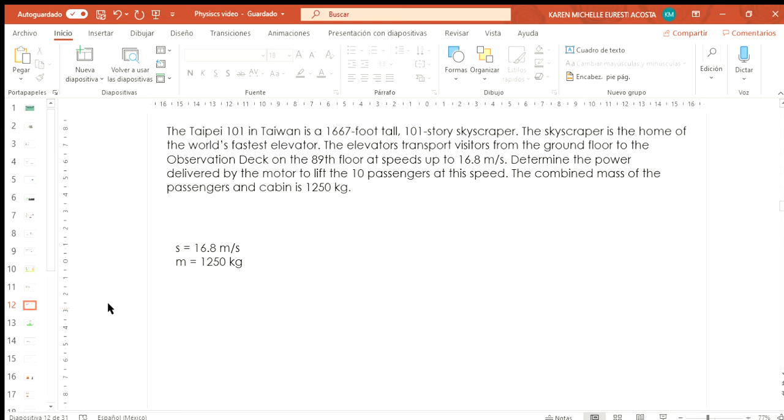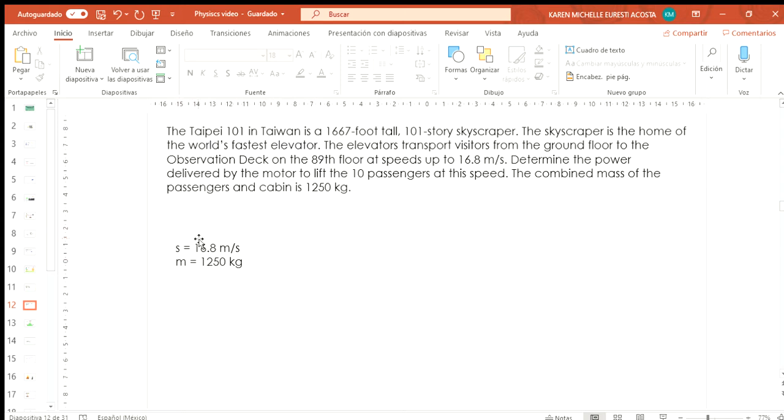The elevators transport visitors from the ground floor to the observation deck on the 89th floor at speeds up to 16.8 meters per second. Determine the power delivered by the motor to lift the 10 passengers at this speed. The combined mass of the passengers in the cabin is 1215 kilograms.